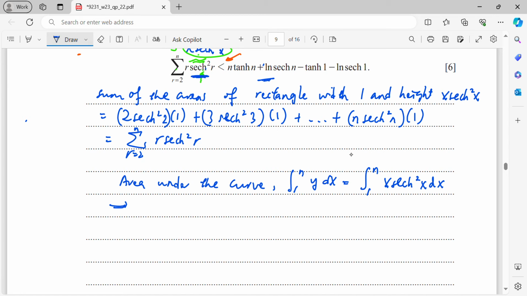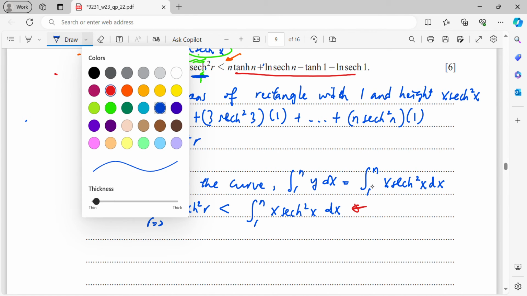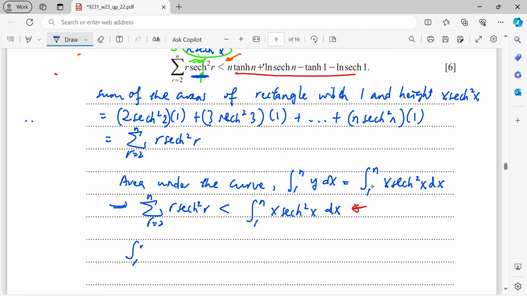So I would say that the summation r from 2 to n of r secant squared r is basically less than that integration. Now to show these 4 terms, I have to get it by solving this integration. So now I will just solve the integration first.